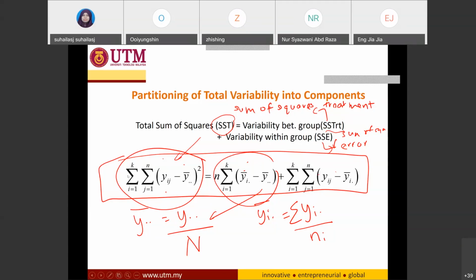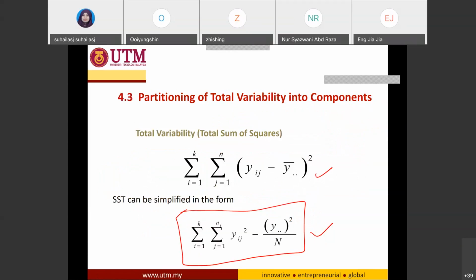Okay. So this is the formula, and then we expand the formula and simplify it. And then normally we will use this formula. We have double summation Yij squared minus your grand total y dot dot squared divided by capital N. So this is your total sum of squares.